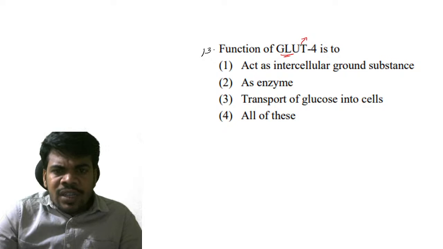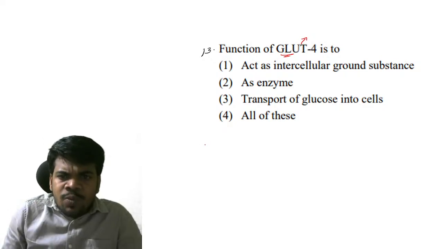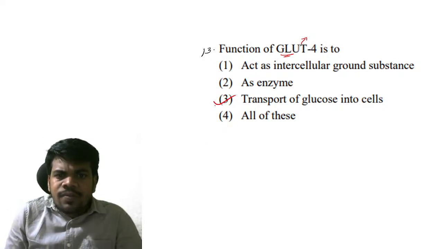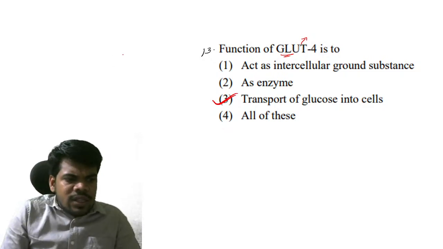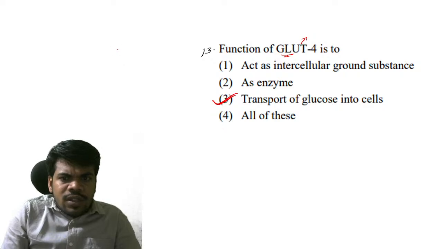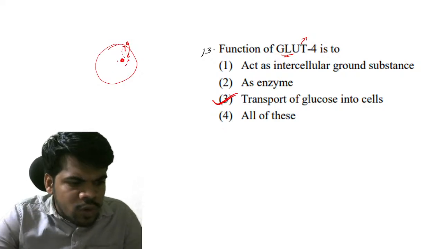The name itself indicates the function of GLUT is transport of glucose into the cells. The GLUT4 comes towards the cell membrane and binds with the glucose, and it transports the glucose into the cytoplasm. Transport of glucose.